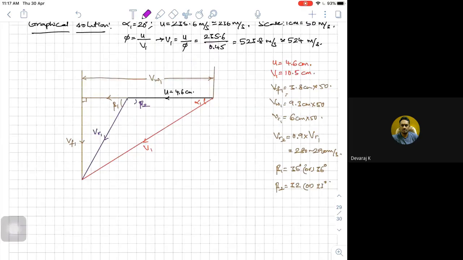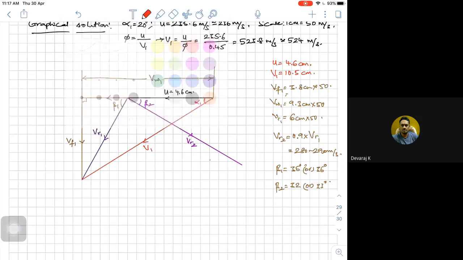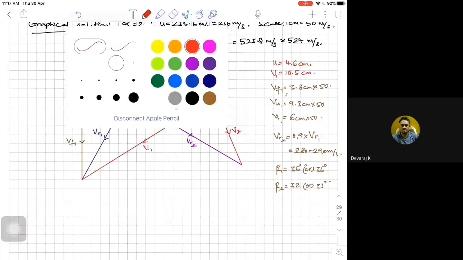This is my VR2, so that's at beta 2 degrees. This is your beta 2. You have to draw to the scale. Then join this to get your V2. You got your V2.